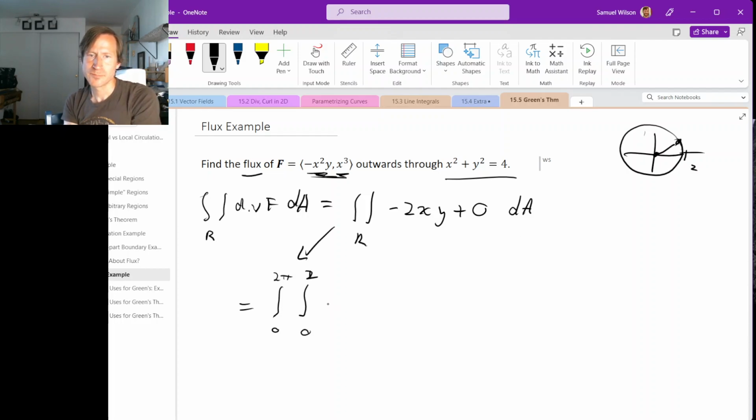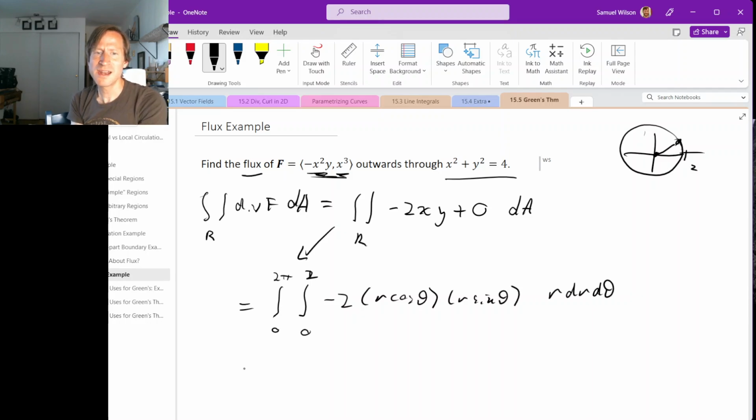And our integrand is minus 2 times x, which is r cosine theta in polar coordinates, times y, which is r sine theta, times dA, which is r dr d theta, and now it's a double integral that we can compute.